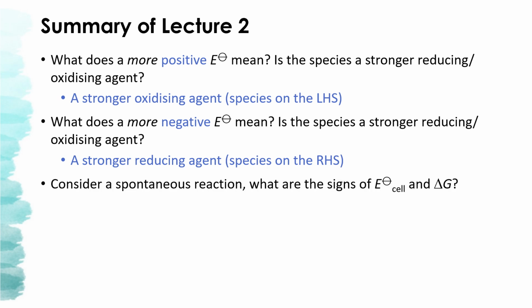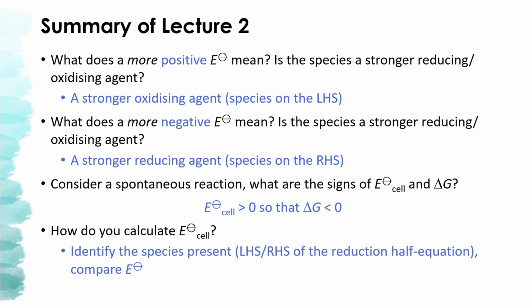And you need to know the mathematical relationship: change in G equals minus nFE. And when E0 cell is positive, it means it is a spontaneous reaction. And finally, you need to know how to calculate your E0 cell: reduction minus oxidation.